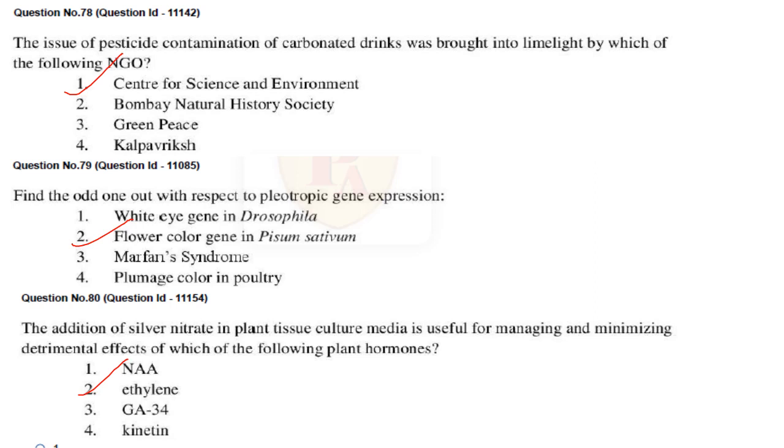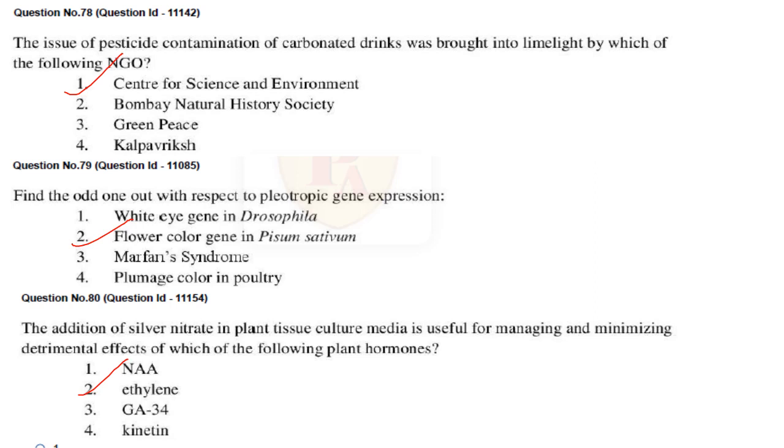Find the odd one out with respect to the pleiotropic gene expression. So pleiotropism is the condition in which a single gene controls more than one phenotypic effect. So white eye gene in Drosophila, flower color gene in Pisum sativum, Marfan's syndrome, plumage color in poultry. White eye gene in Drosophila is a recessive X-linked character.